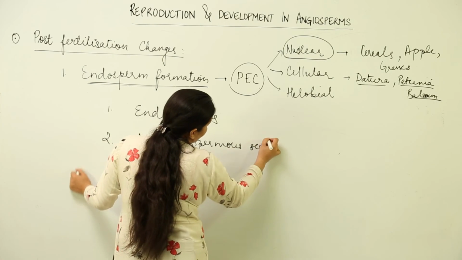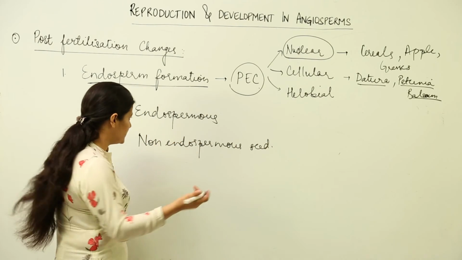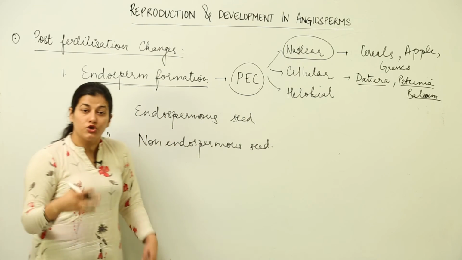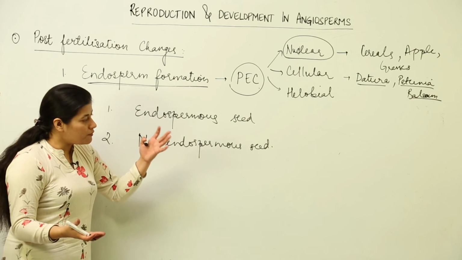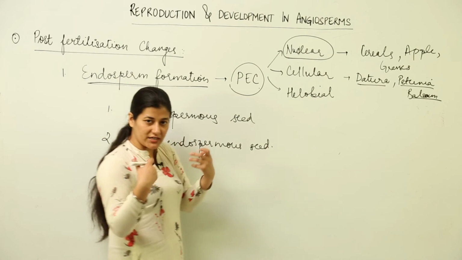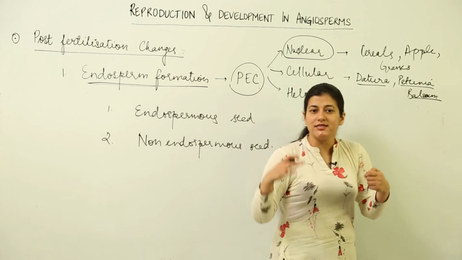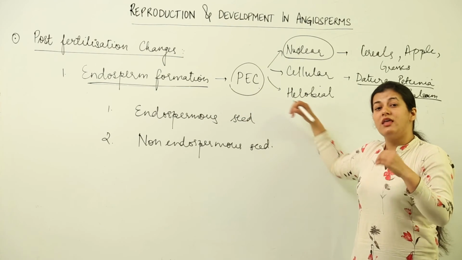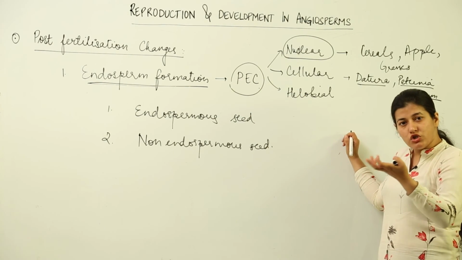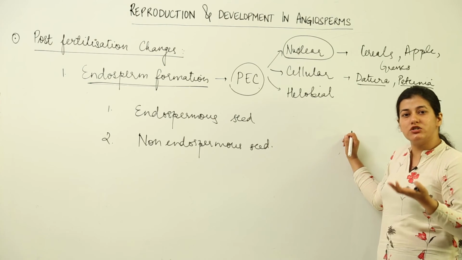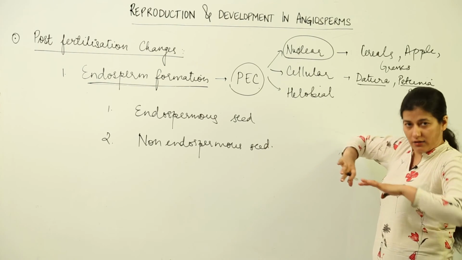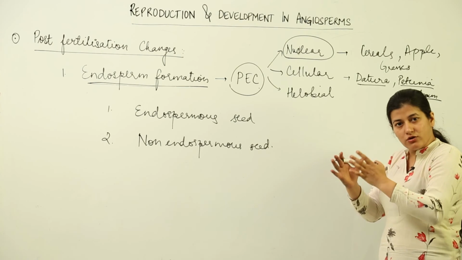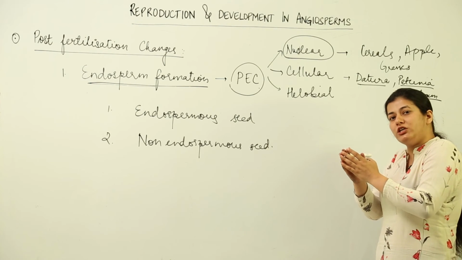What is the purpose of endosperm? That we have been emphasizing time and again, that it provides nourishment. To whom? The embryo. The embryo consumes the endosperm when it starts developing. As soon as the second stage of the post-fertilization changes begins, where the embryo starts developing, it consumes whatever is being stored in the cells of endosperm. At the same time, this endosperm, when it is growing, is crushing the nucellar cells.